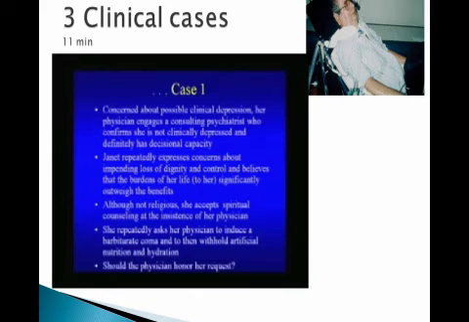Janet repeatedly expresses concerns about the impending loss of her dignity and control over her situation, and believes that the burdens of her life, at least to her, significantly outweigh the benefits of her struggling on until she dies from the underlying condition. Although not religious, she accepts reluctantly spiritual counseling at the insistence of her physician.